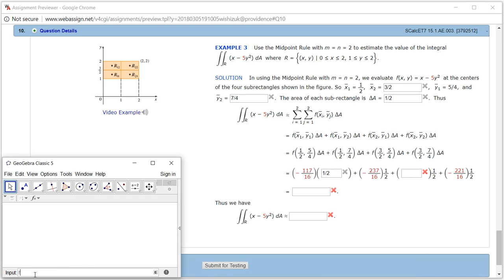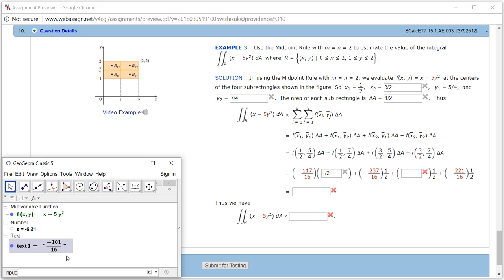I'm going to define this function f of x, y to be x minus 5y squared, then hit enter. Let's compute f of 3/2, 5/4 and hit enter. We want a fraction, so I'm going to ask for the fractional value.